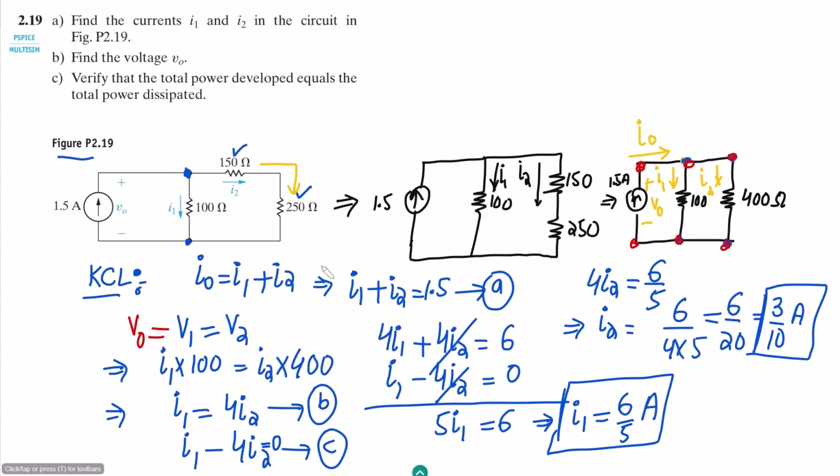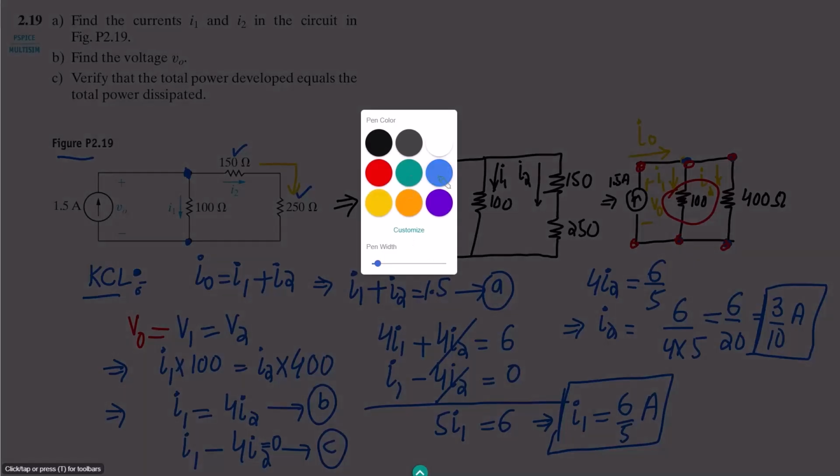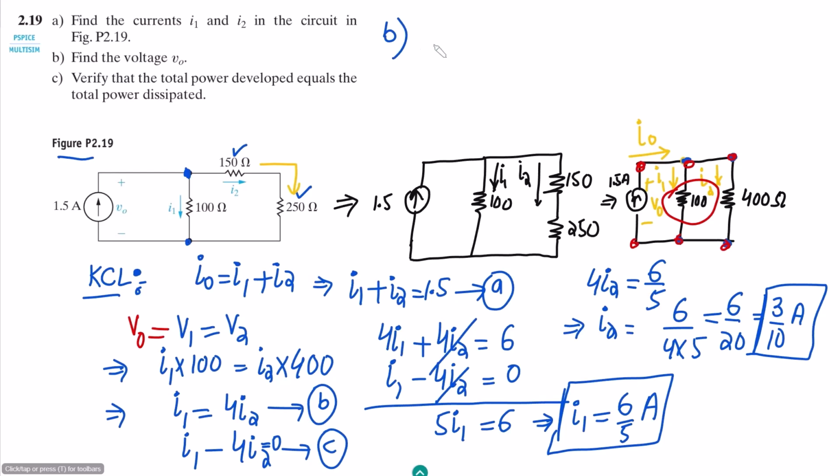Let me take any of these branches and apply Ohm's law. This is part B. So V naught is equal to V1, and the value of V1 is I1 into 100, because V is equal to IR.